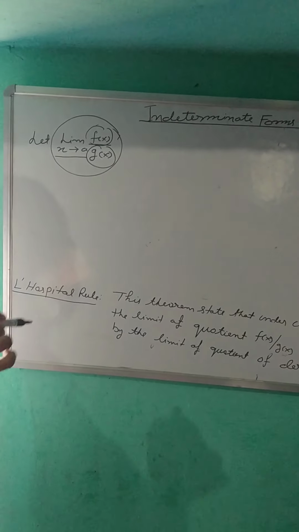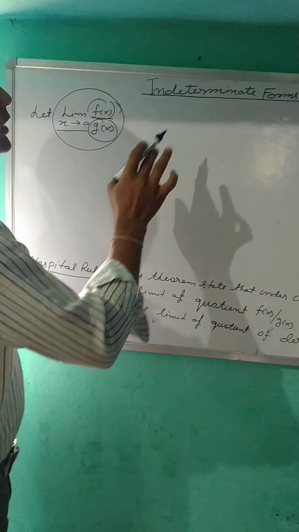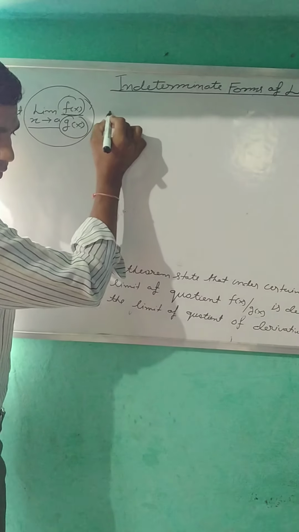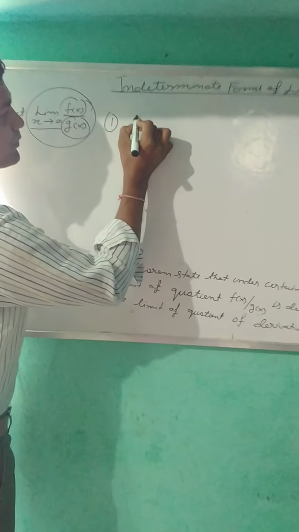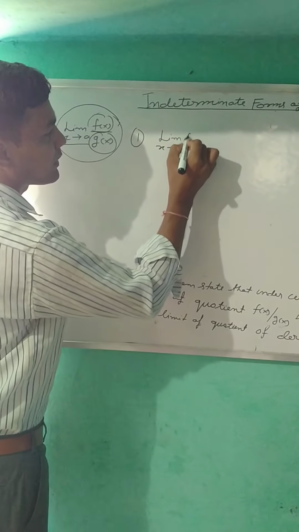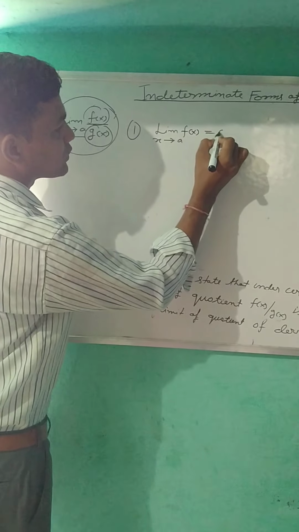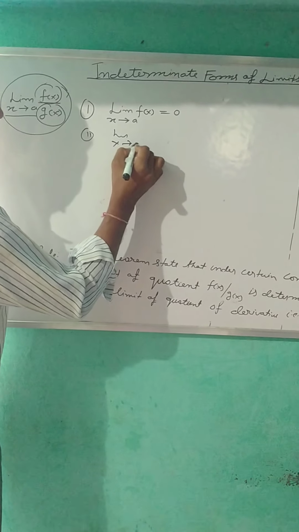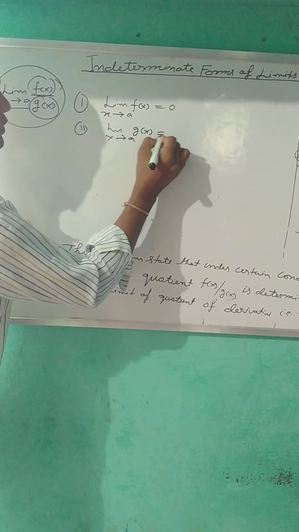Generally, L'Hopital's rule states the following conditions. First, the limit as x tends to a of f(x) equals 0. Second, the limit as x tends to a of g(x) equals 0.